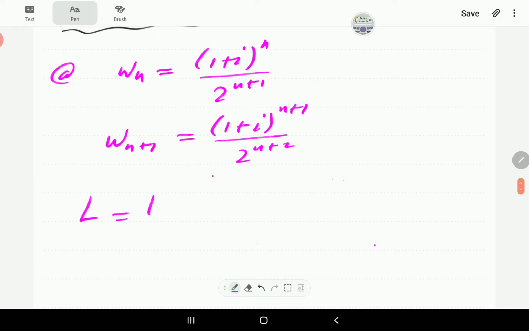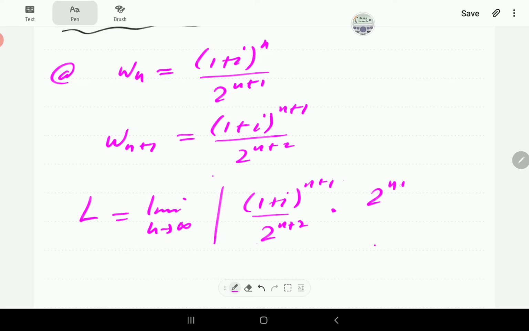So L is going to be the limit as n goes to infinity of this one. So that's Wn+1 divided by Wn, so it's the same as multiplying by the reciprocal of Wn. So (1 plus i) here to the power n.